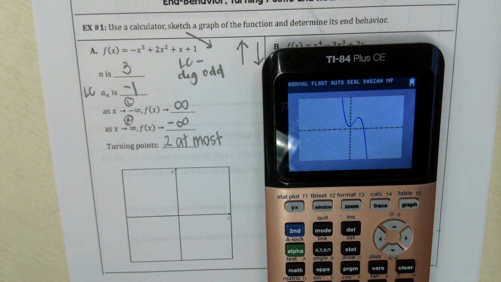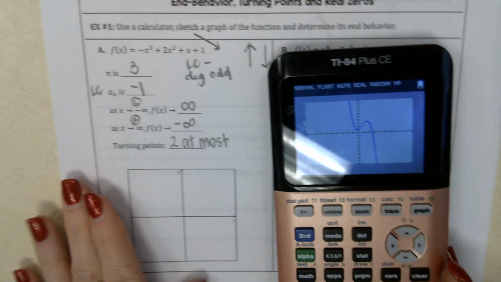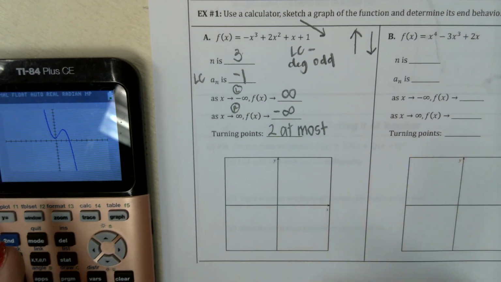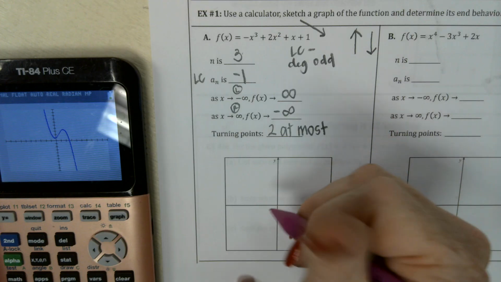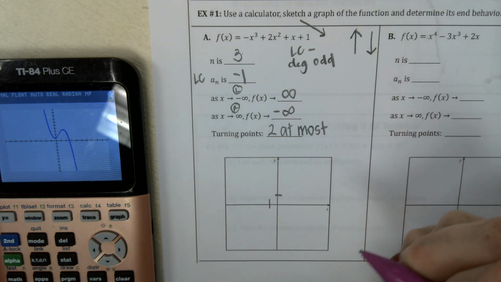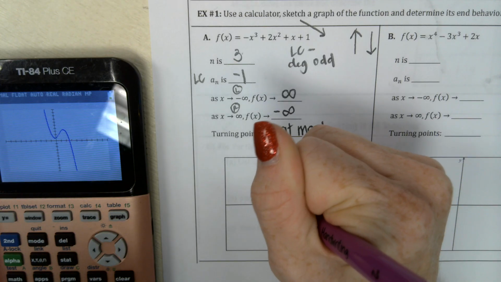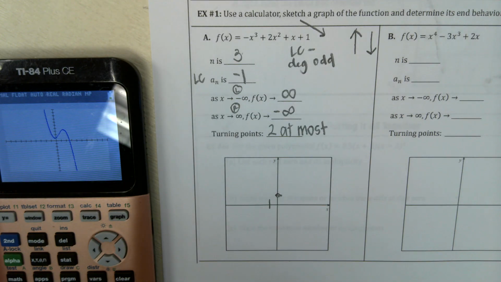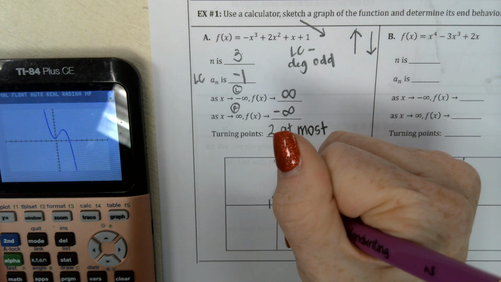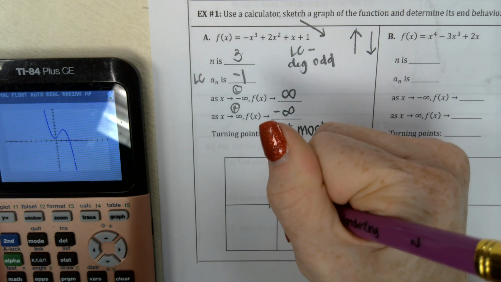That's not too bad. Now, when I ask you to sketch, please do not just draw a squiggle on your graph. I do want for you to actually try and plot some of these guided points. So right here, it looks like the graph crosses over the y-axis at 1, and it looks like right near it, there's a minimum.